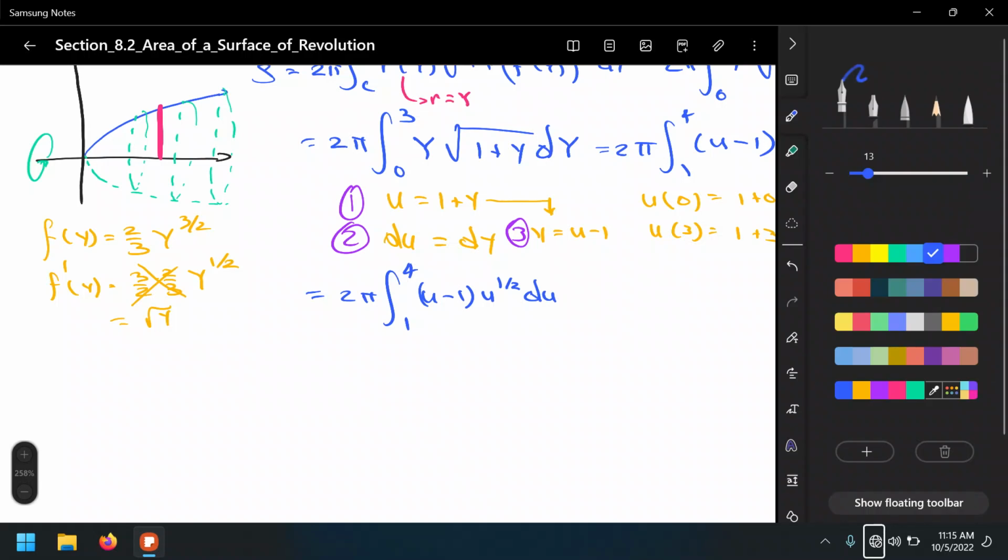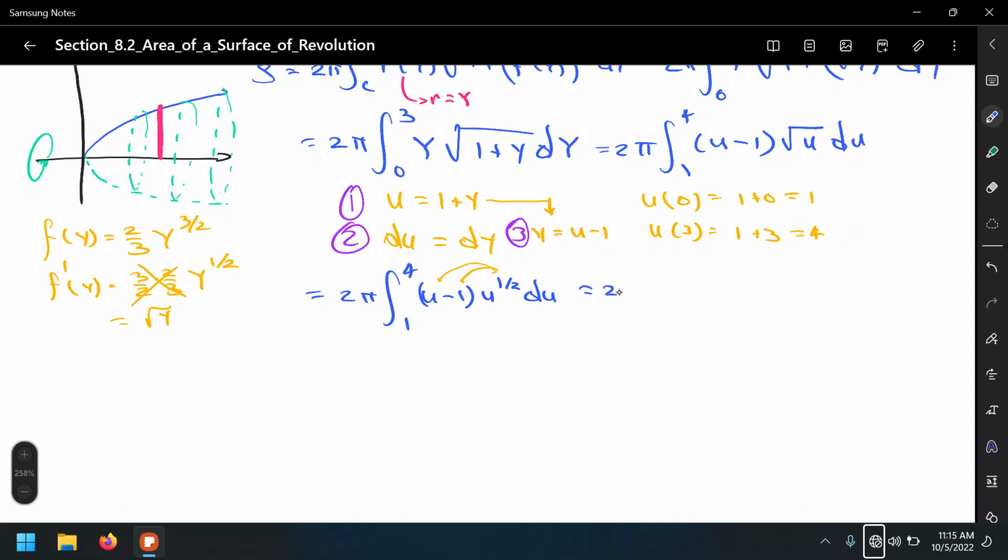What we're going to do here is distribute the u to the 1/2 to the two terms that we have here. That's going to be 2 pi integral from 1 to 4 u to the first times u to the 1/2. That should be u to the 3/2 minus u to the 1/2 du.